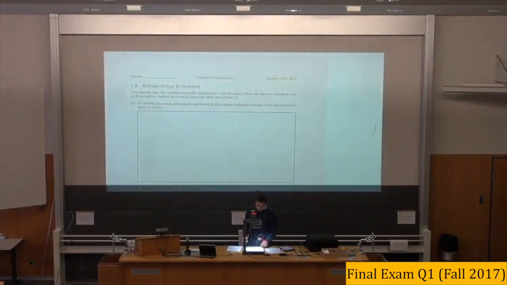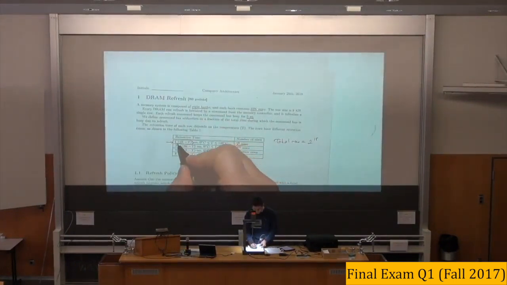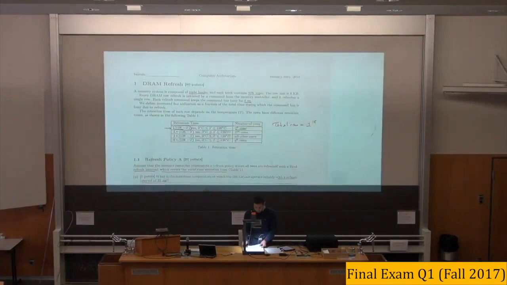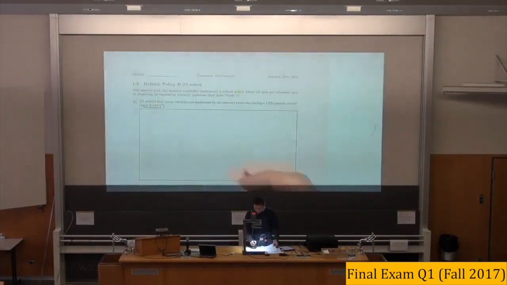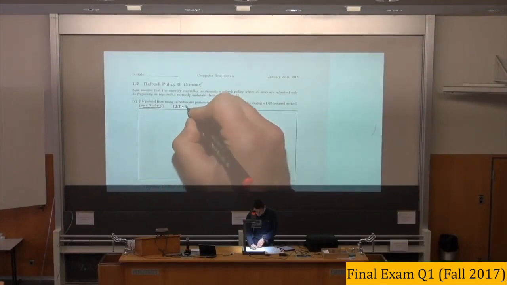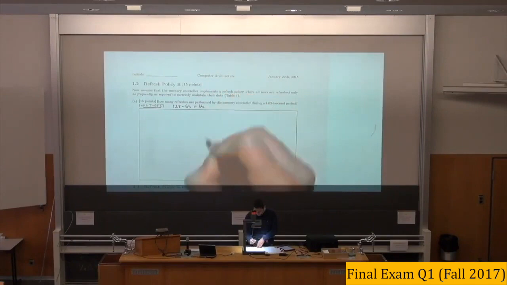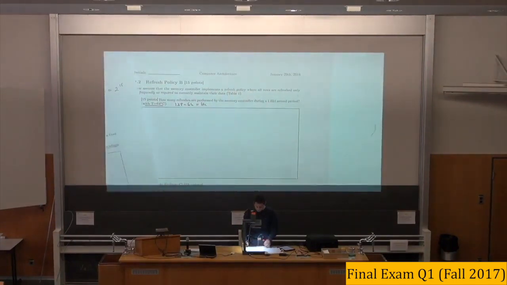So we are given a temperature which is 64, and let's just directly calculate the retention time for this one, because the rest of them will be just the multiplication of the first row. So it will basically be 128 minus 64, and the retention time will be 64 milliseconds.